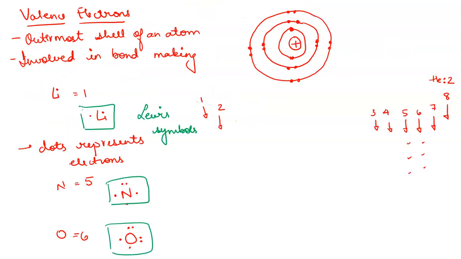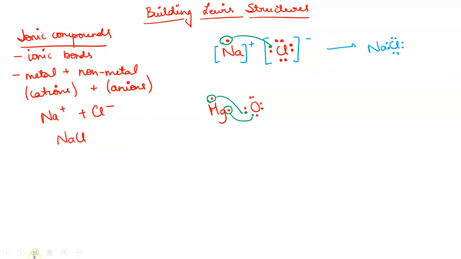Magnesium lost its 2 electrons, so magnesium has a 2+ charge. Oxygen gained those 2 electrons, so oxygen gets a 2- charge. And this gives us MgO with 8 electrons around oxygen. It's not that magnesium doesn't have any electrons, it still does, but in terms of its outermost shell, it doesn't have any more. So these are still all just the valence electrons.